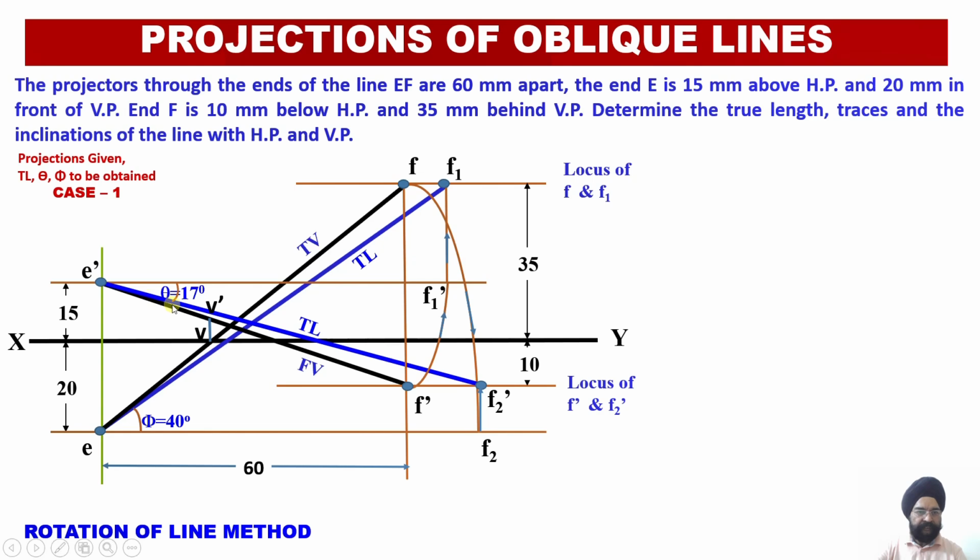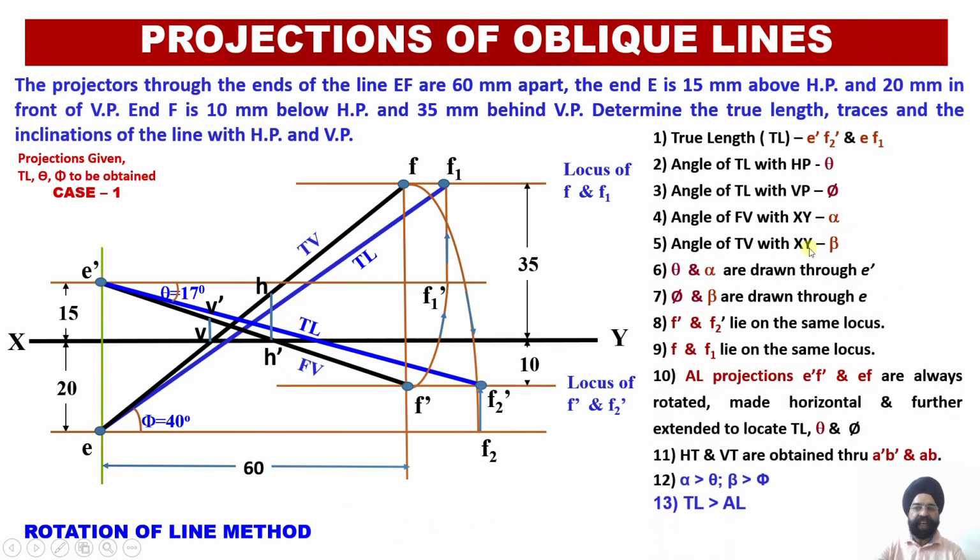Similarly, where E dash F dash is intersecting my XY line, I obtain point H dash. Then you take the perpendicular distance above or below, wherever it intersects with the plan projection line, you get the point H. So measure the vertical trace distance, measure the horizontal trace distance, and write it onto your drawing sheet.